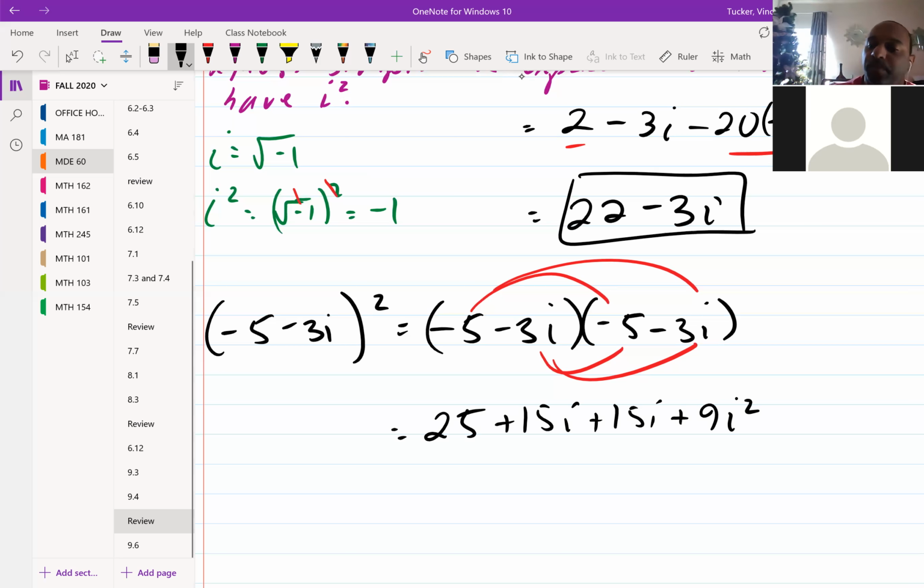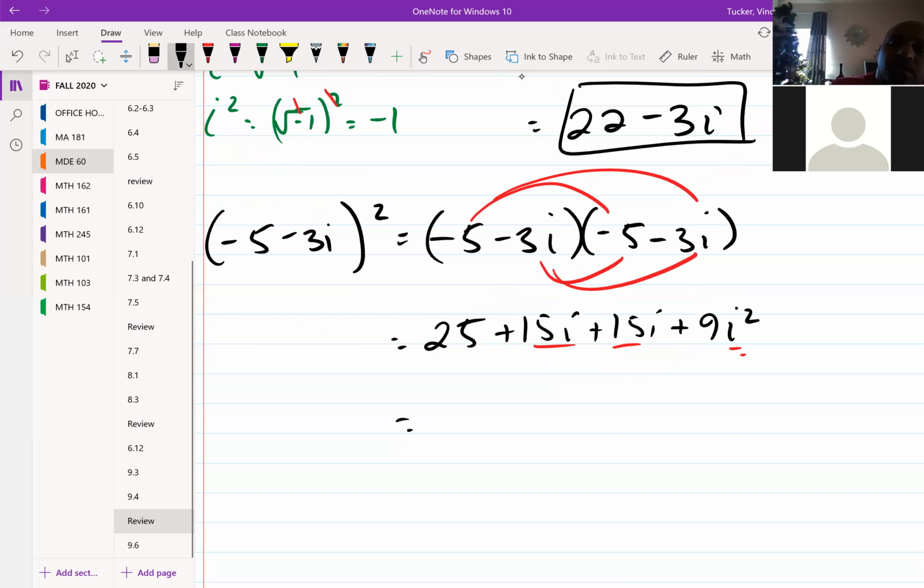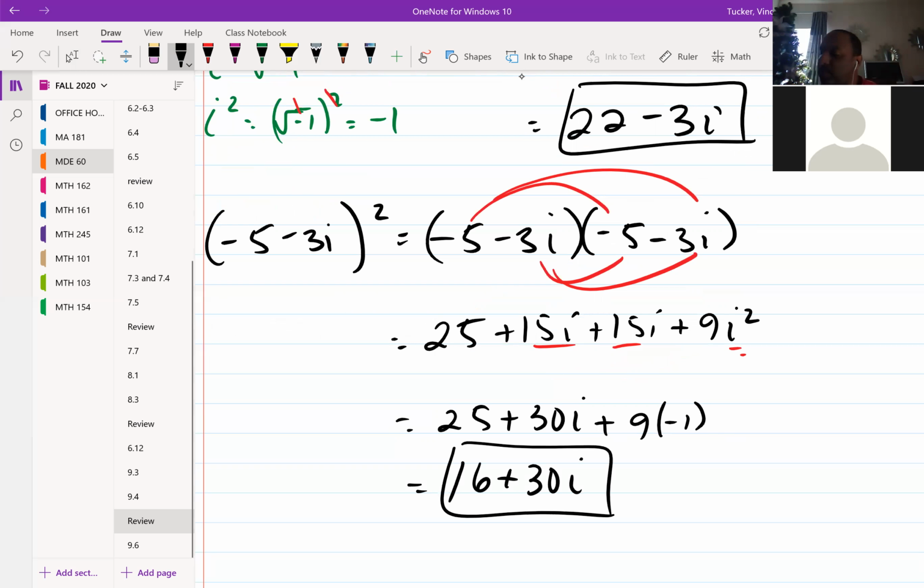All right, combine your like terms and get rid of that i squared. So that's a negative 9 now. So 25 minus 9 is 16. That'll be your answer.